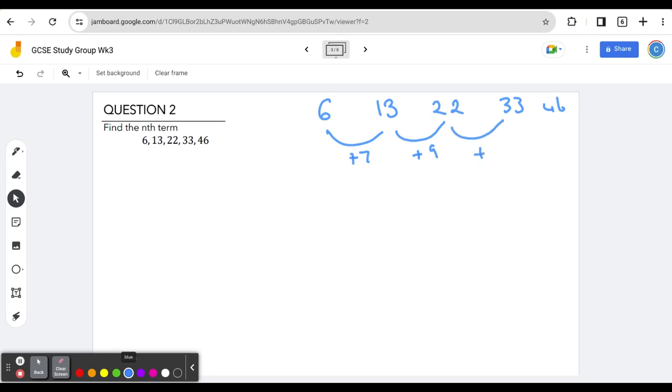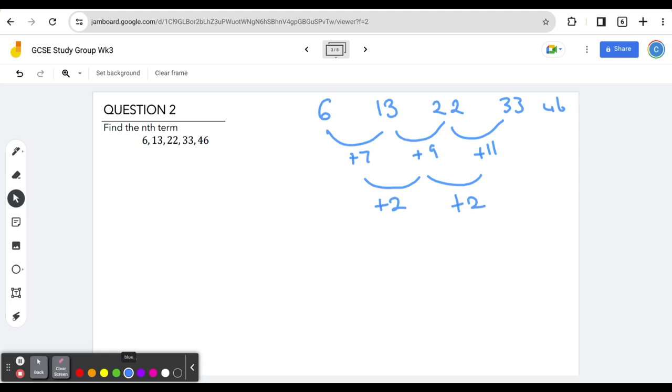We can see that the differences are not equal. So that tells us that it may be a quadratic sequence, and then just find the second difference, and we can see the second difference is constant, so it is indeed a quadratic sequence.